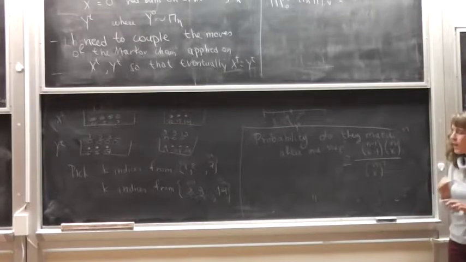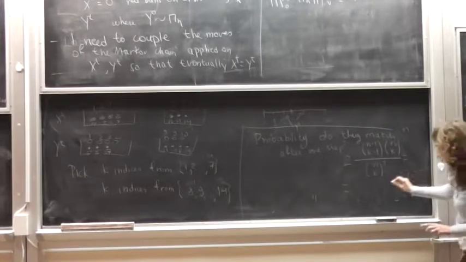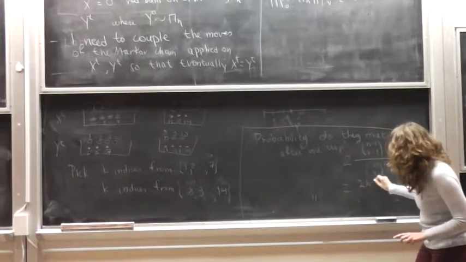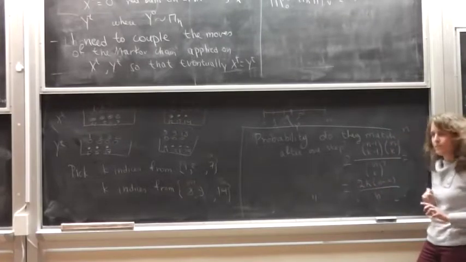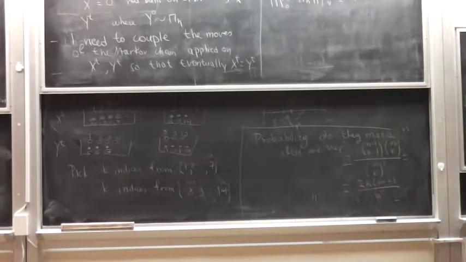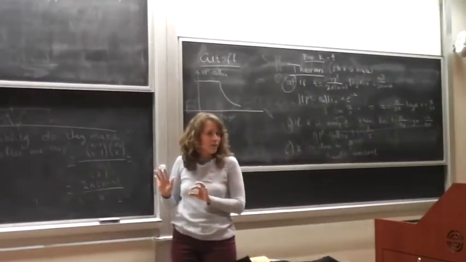Okay? And this gives this odd number that you see over there, 2k times n minus k over n squared. Okay, suddenly we start seeing this number that appears here, and it makes a little more sense. Any questions so far? Okay.